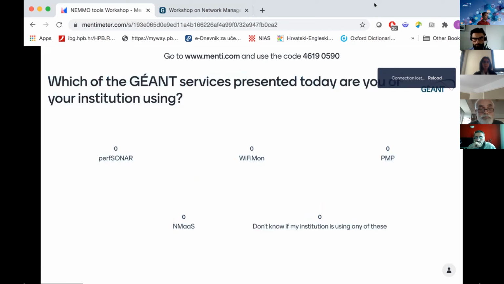So we had the perfSONAR, Wi-Fi Mon, PMP that Shimon presented, NMAS that we discussed a lot about in the first session. And we also opened an option if you are not sure if your institution is using any of these.